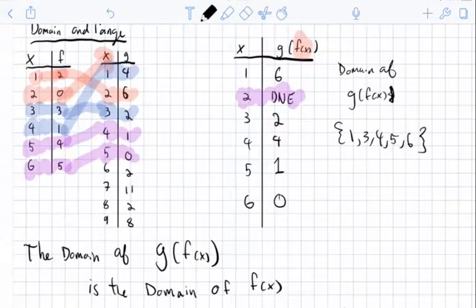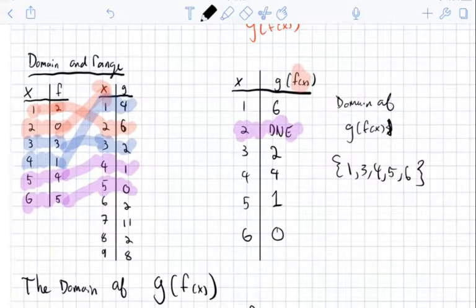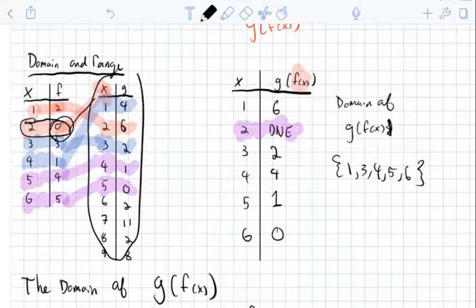In other words, because when x was equal to 2, the output of f is 0, and 0 isn't in the domain of the g function, x equals 2 can't be in the domain of our composite function.